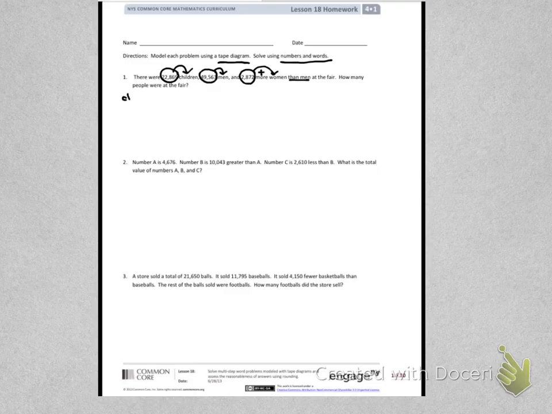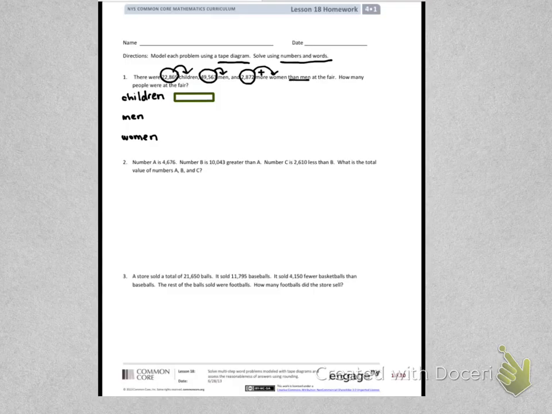So we're going to do a category for children, a category for men, and a category for women. So children, they represent 22,869.